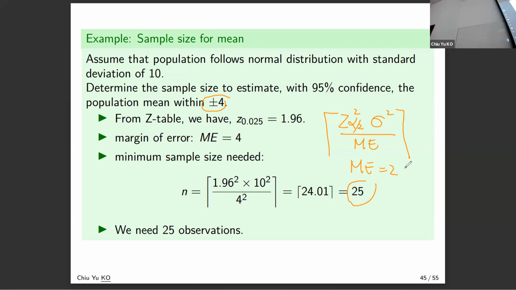And if I want a margin of error of 1, then how much do I need? I need 400.